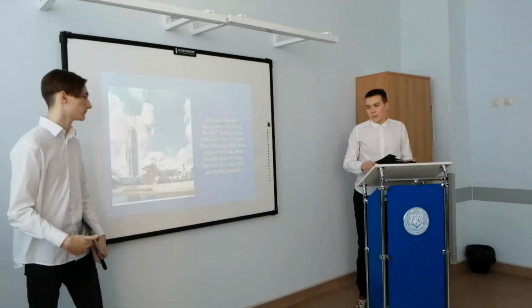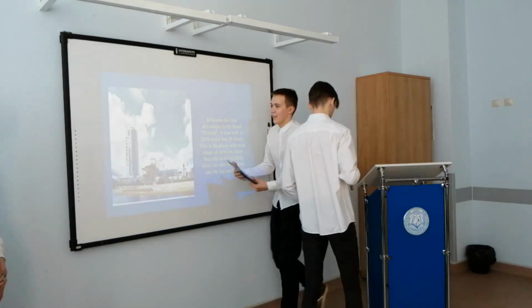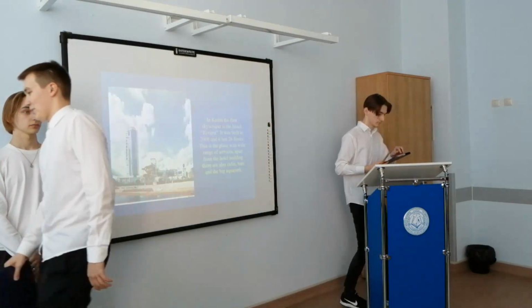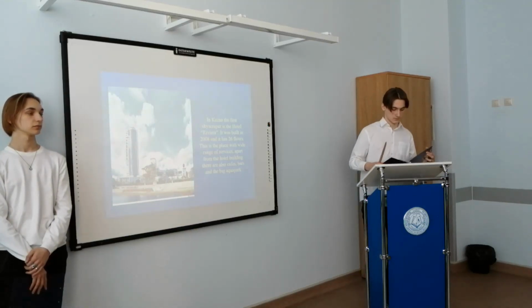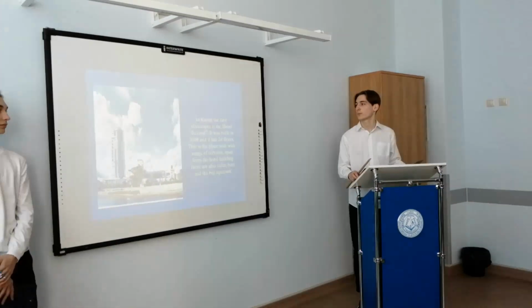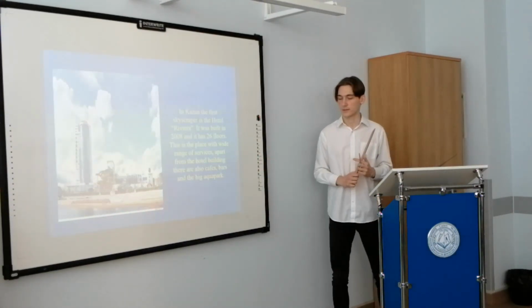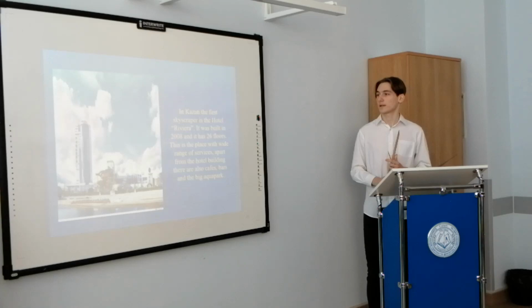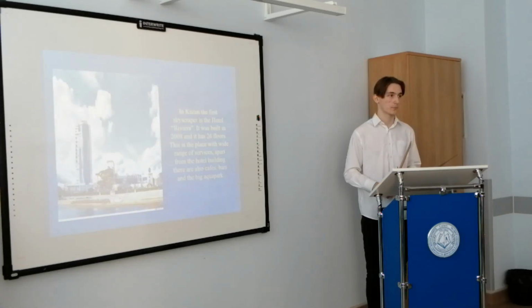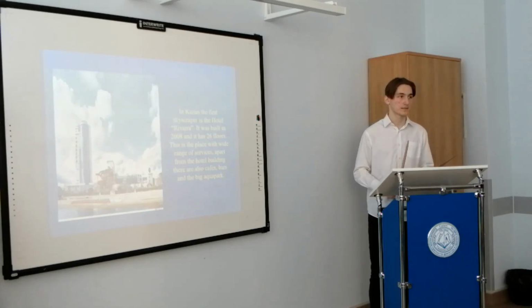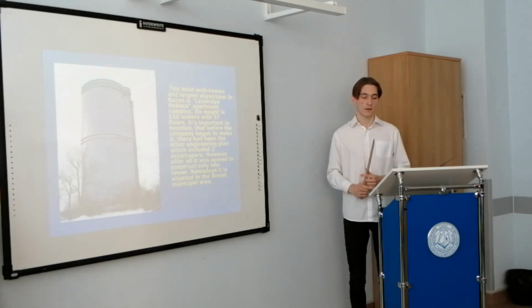Okay, thank you. Next, please, Piotr. In Kazan, one of the first skyscrapers is the Riviera Hotel with 26 floors. This is the place with a wide range of services. Apart from the hotel, there are also a great amount of cafes, bars, and the big aqua park.